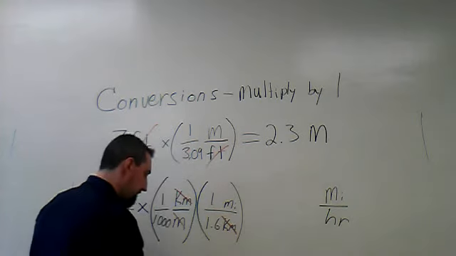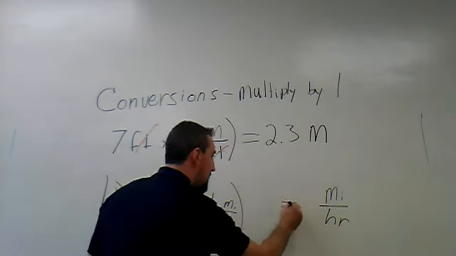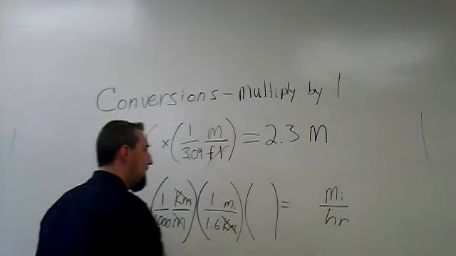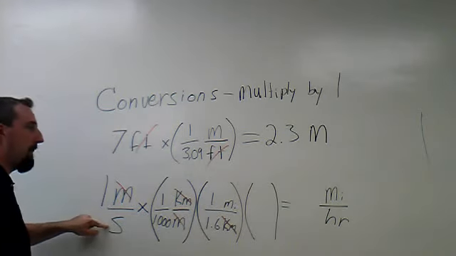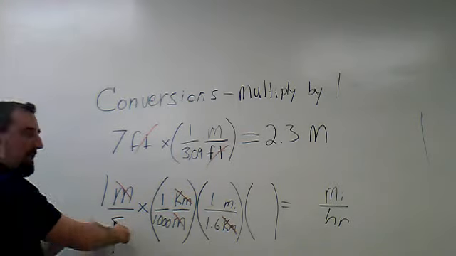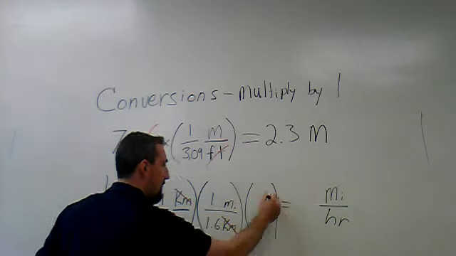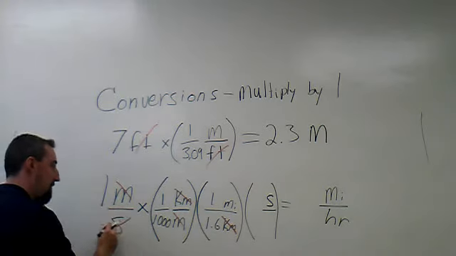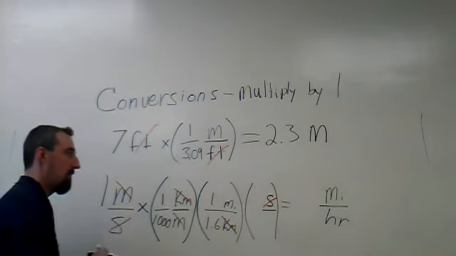So what I do, multiply by 1 more time. I give my parentheses. And this time, let's say I have seconds on the bottom. I want hours on the bottom. So I got to get rid of seconds. Let's go up top, and I'll put seconds in. Now I can cancel that out. Boom, boom.